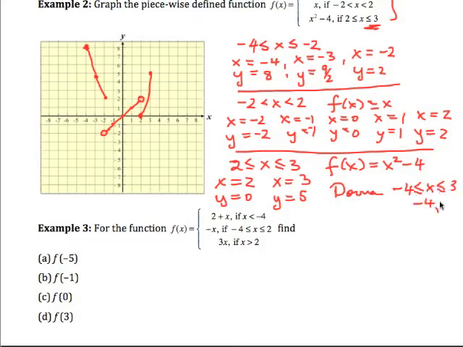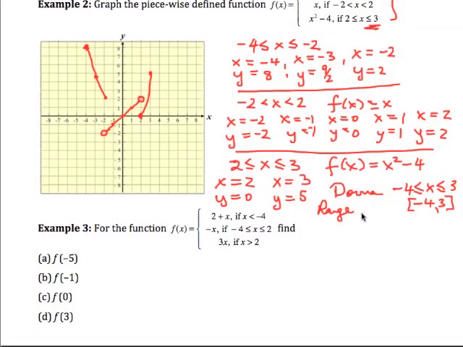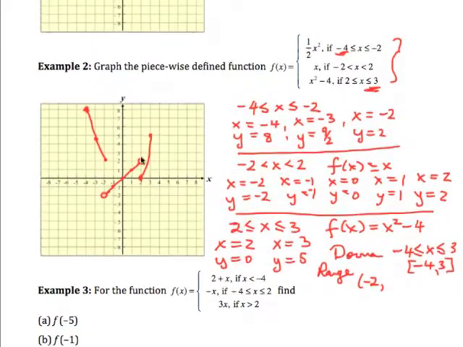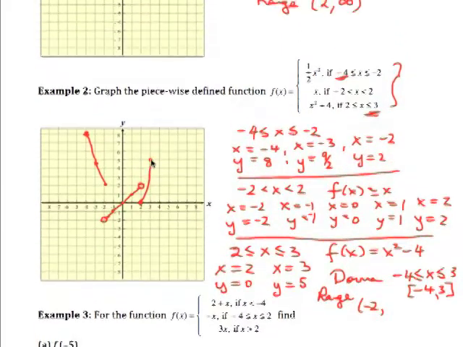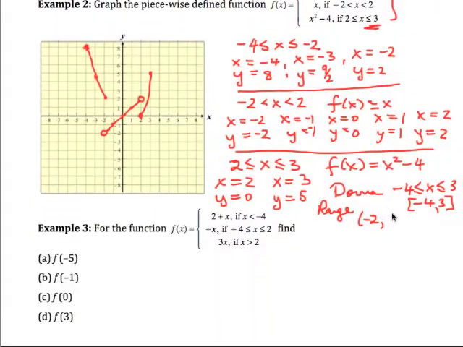So really [-4, 3] is the domain. Now the range here is going to be, well, the lowest point here is -2, but it's not including -2 because of the open circle. Then after that, everything seems covered. All the y values seem covered from here to here until we get to the highest one, which is 8. So that will include 8, and so we have that.